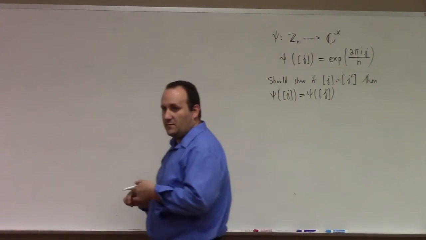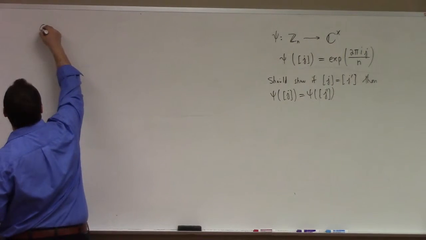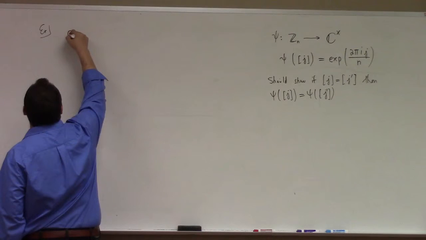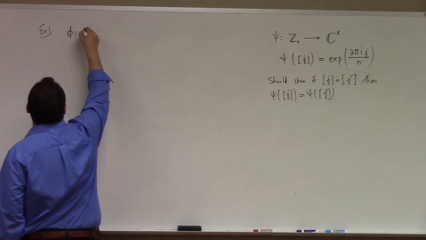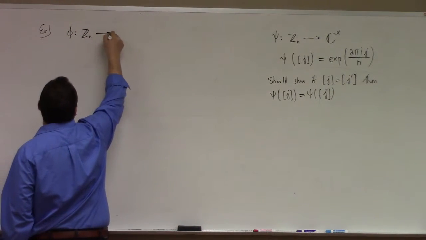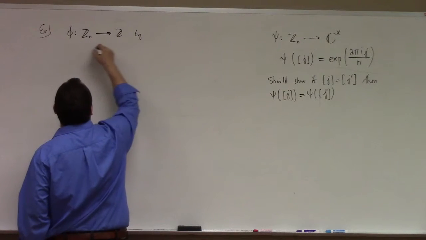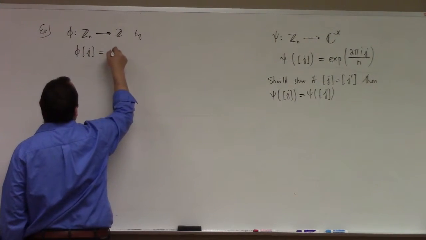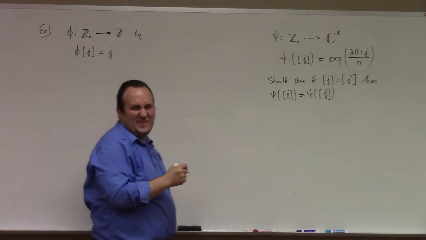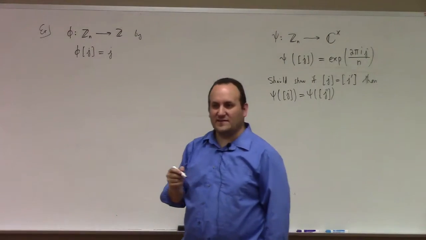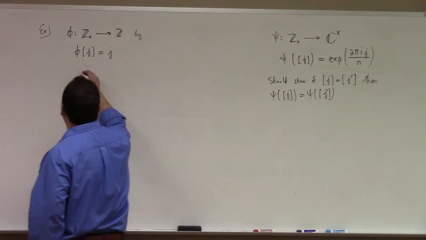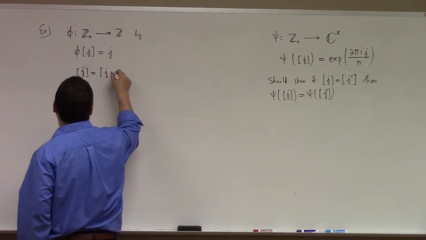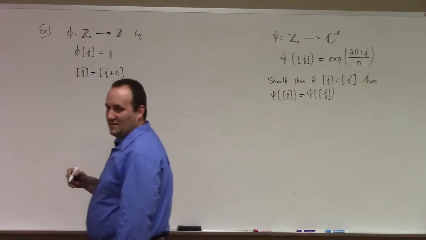Here, to give you an example of something going badly, you could do something like this. Phi from Z_n to Z by phi of the equivalence class containing j equals j. Well, this is definitely not a function, you see, because j is equal to, say, j plus n, et cetera, right?